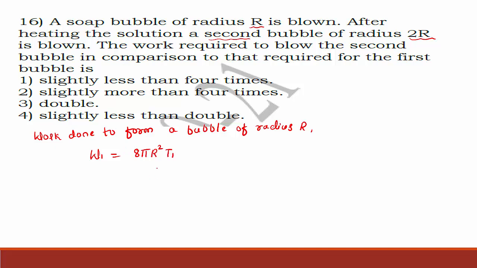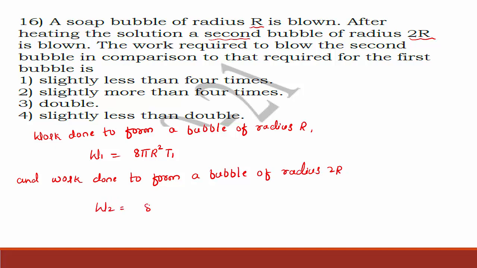Similarly, we can take work done to form a bubble of radius 2r. I can write the equation W2 equal to 8 pi (2r) whole square T2. 2 square 4, 8 4s are 32 pi r square T2. This is W1 and W2.